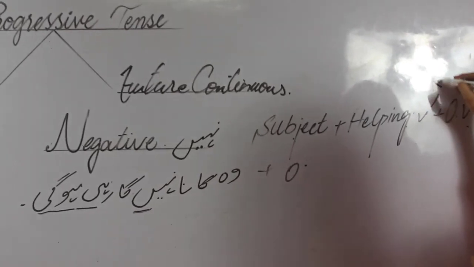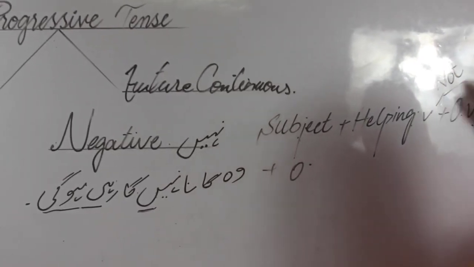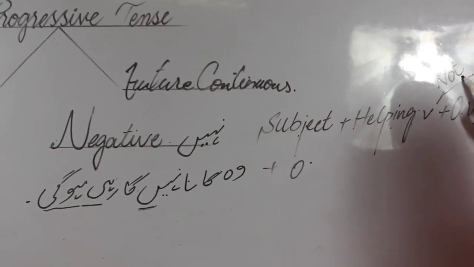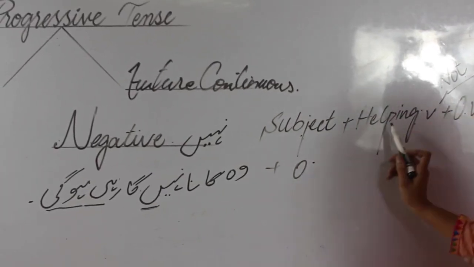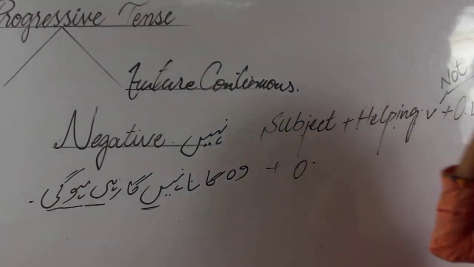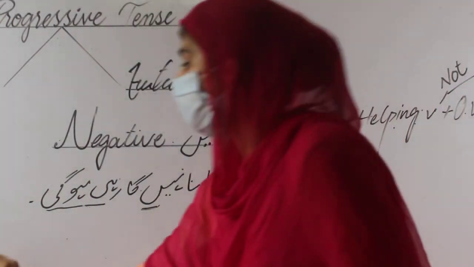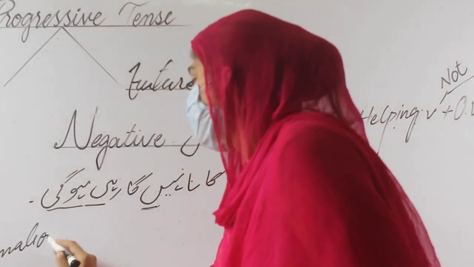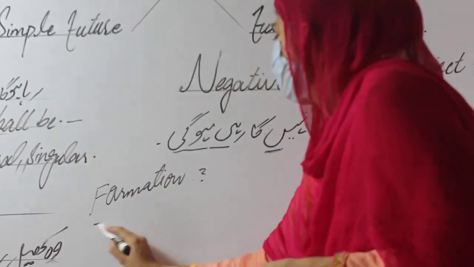Here we just add the not very after the helping verb, which means that by putting the not right after the helping verb, we can easily make our sentence a negative statement. How can we form it?